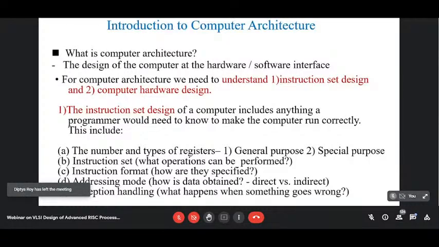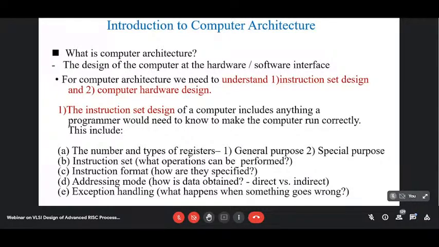I'm just giving a small example of the Intel 8085, since I'm sure that all of you are familiar with the Intel 8085 microprocessor. It has a number of instructions, less than 200, I think. It has different addressing modes, like direct addressing, indirect addressing, then register addressing mode, etc. Instruction format means how they are specified.